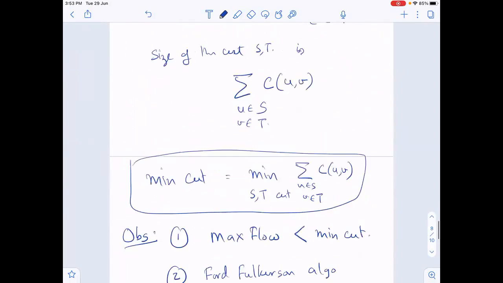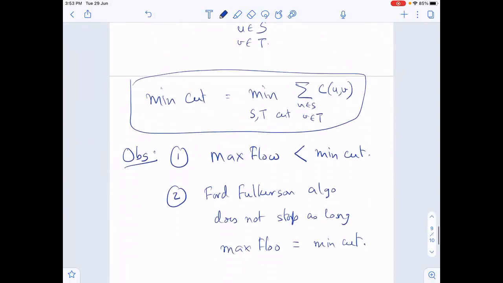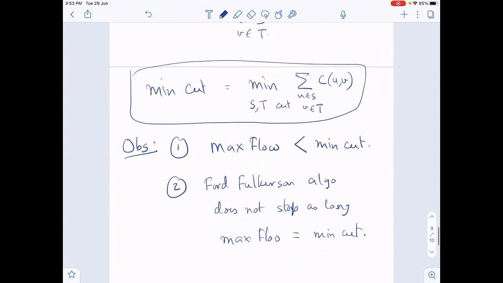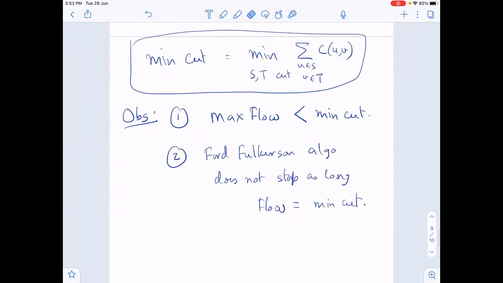Then the minimum cut also should be from the augmented graph only, right? As long as the flow is less than the min cut, as long as flow is less than or equal to min cut, then you will be able to find a path.